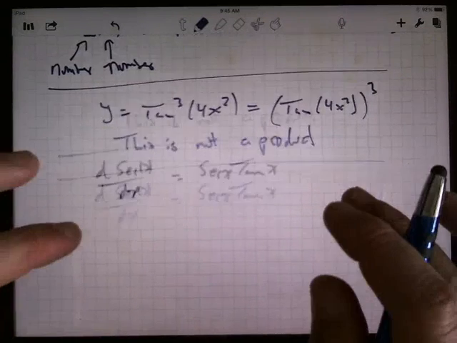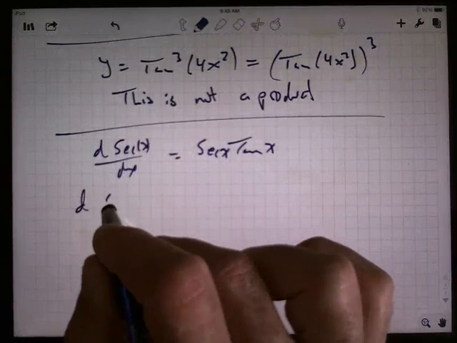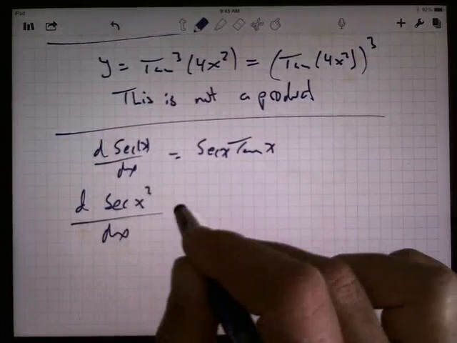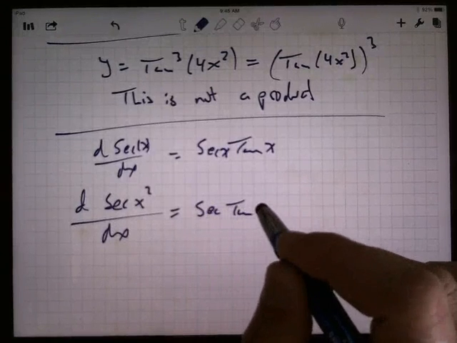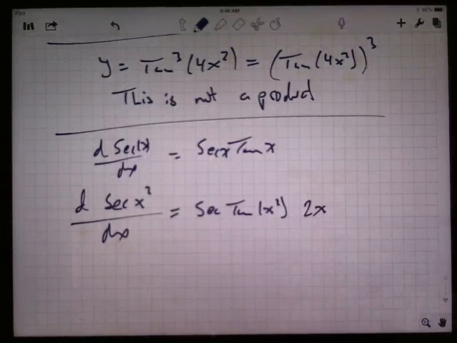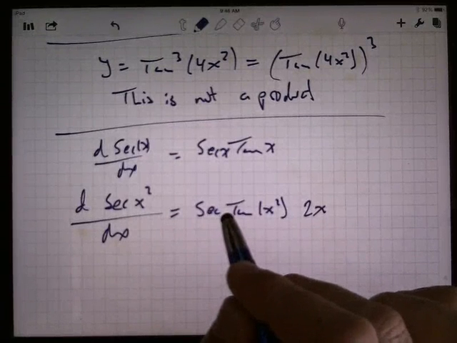Places where I see that being an issue is when someone has something like this. They got the derivative of the secant of x squared, for instance, and they say, oh, derivative of the outside function is secant tangent, and I'll leave the inside alone, but then take the derivative of the inside. And so they get this thing that looks like this, and it's like, wait, what's this secant doing all by itself?